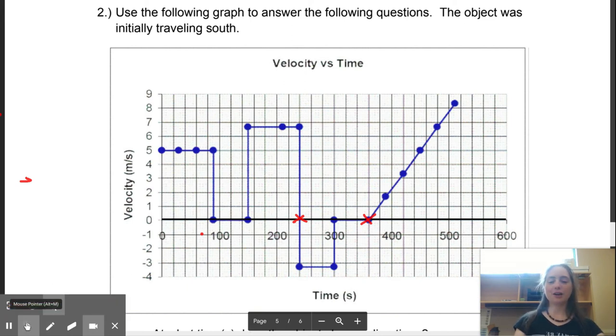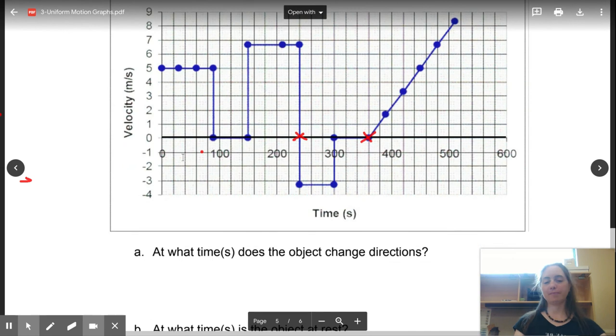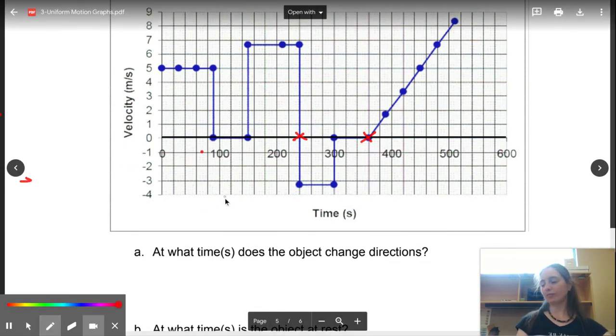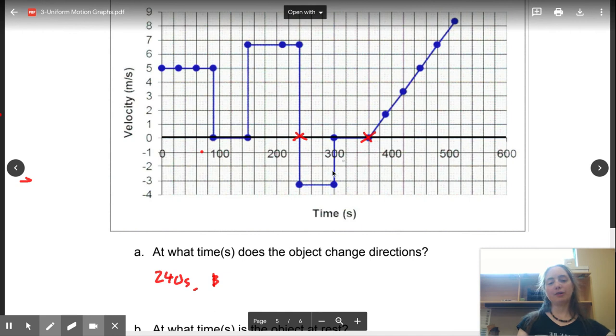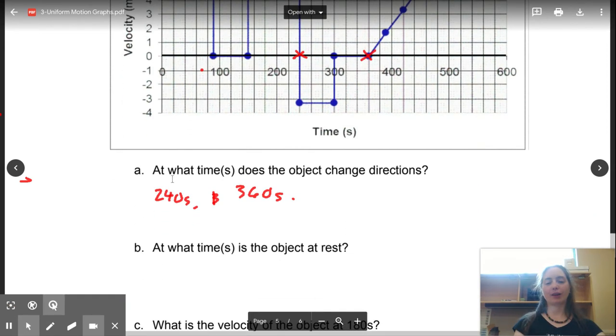So the 2 times that we've got there, that's about 240 seconds. And that one's about 360. Okay. All right. The only time we've crossed that x-axis.